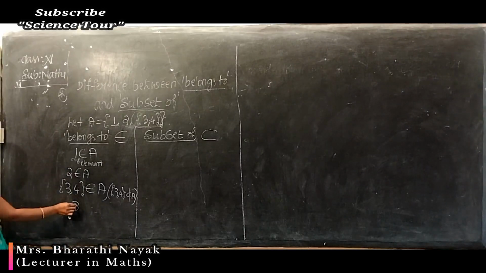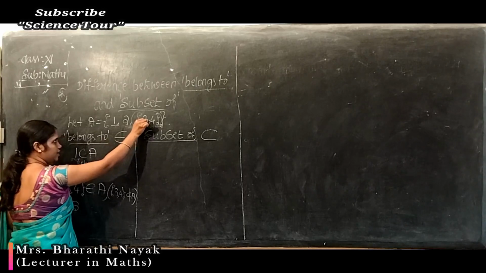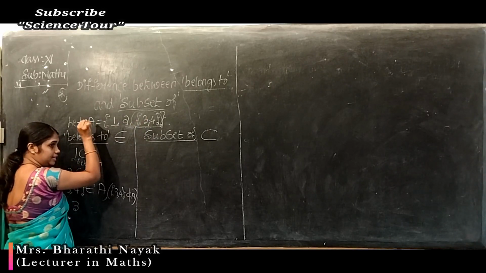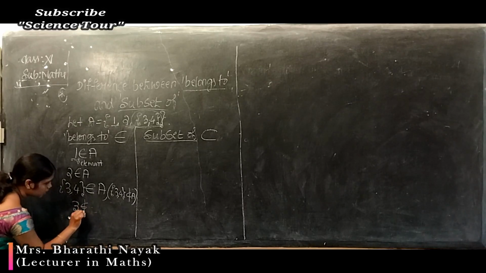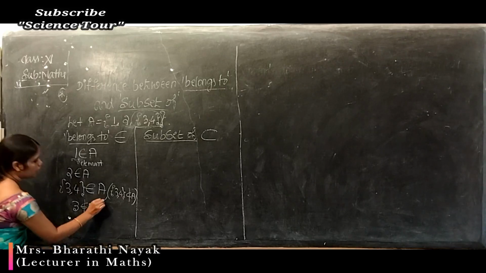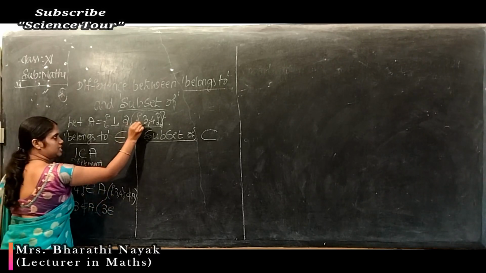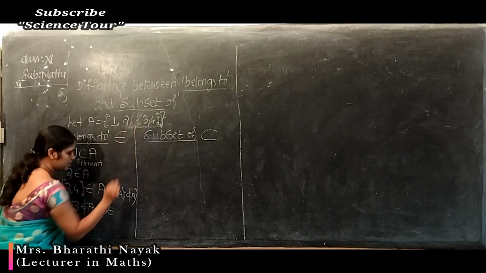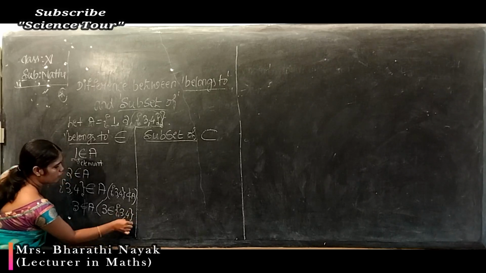Now if I consider 3, is 3 an element of this set A? No, 3 is not an element of A. Why? 3 is one of the elements of the set {3, 4}.